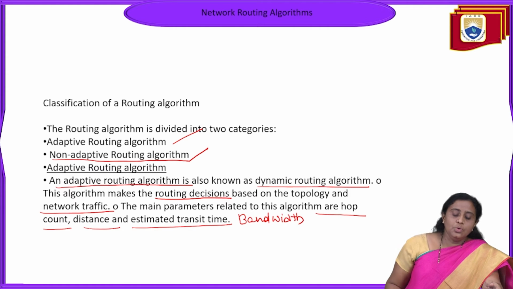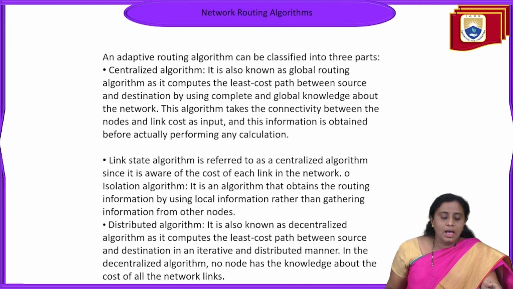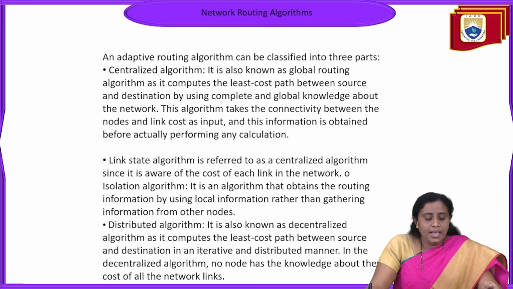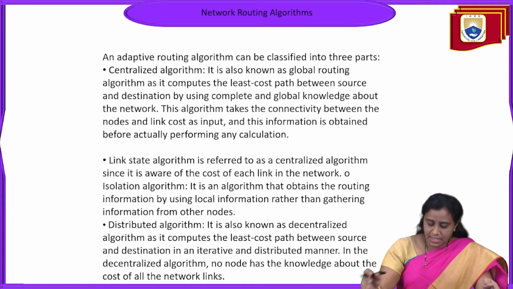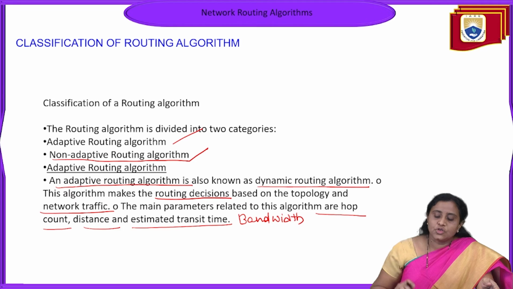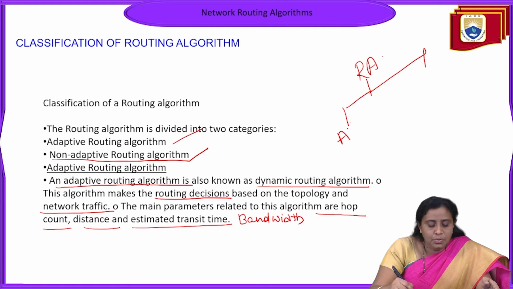Up to now we have seen the adaptive routing algorithm, and next is the non-adaptive routing algorithm. The routing algorithm is divided into adaptive routing algorithm and non-adaptive routing algorithm.